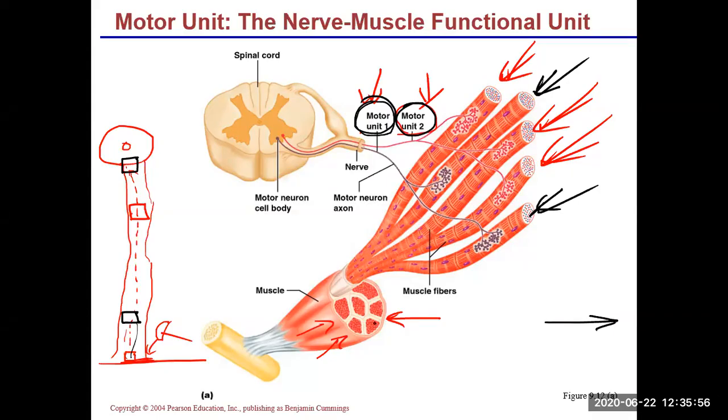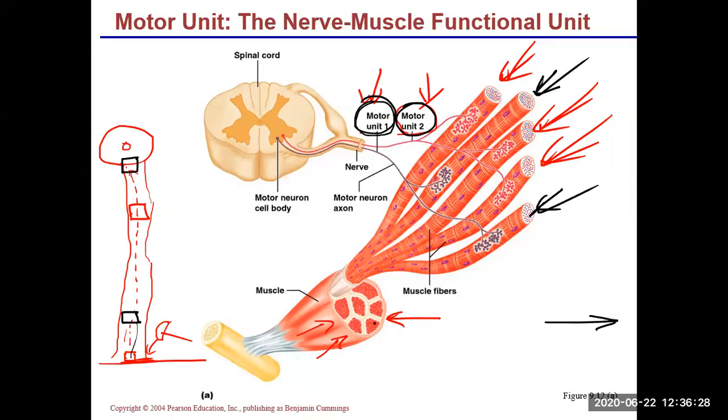All these motor units are going to stimulate all at the same time, and they're all going to contract, so you're going to get the maximum response. In fact, if somebody timed you during a possible fire in the building, you might break your own record for how fast you get out. That's how fast you're going to be, because you're going to recruit a lot of these muscles. A lot of times during emergencies, these muscles get recruited all at the same time.